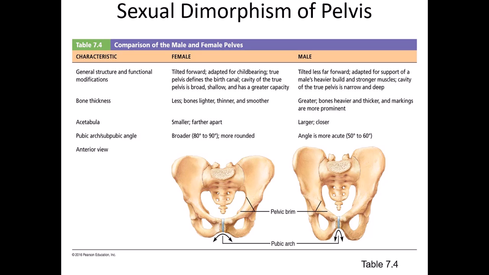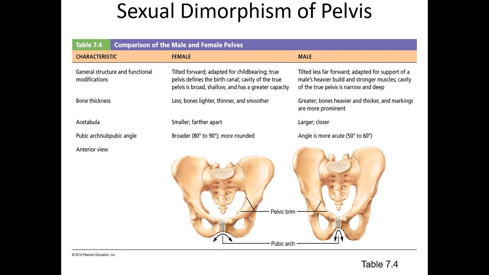So the structures of the pelvis are a little bit different in the male versus the female. And this is, of course, because the female pelvis has to support a pregnancy and deliver a big-headed human baby. So you can read the details here, but basically the purpose of the dimorphism in the female, the changes to the female pelvis, are to accommodate delivering a baby.